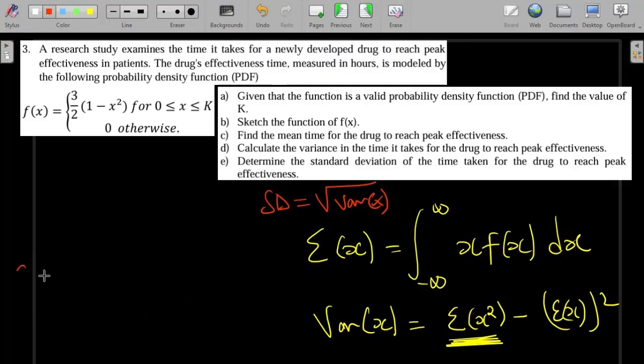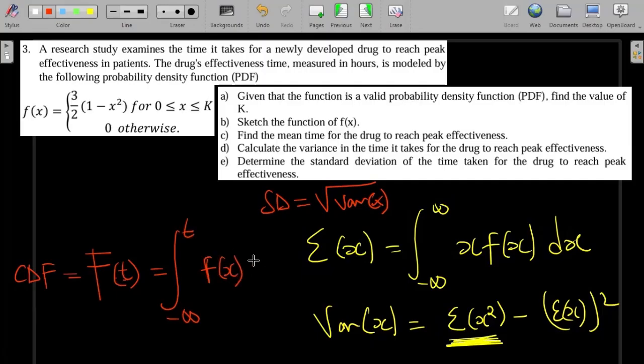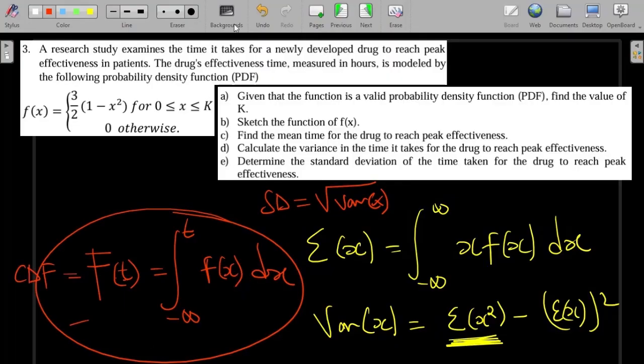The CDF, which is the cumulative distribution function, is given by a capital F, and then you can put any variable here, maybe T. It is equal to the integral from the lowest point up to this T of whatever function you have, dx. We use this to find the CDF.